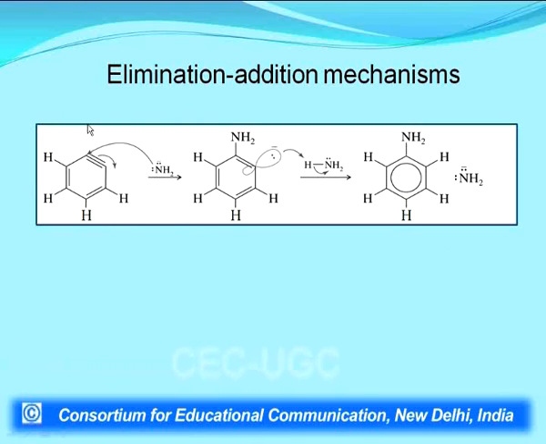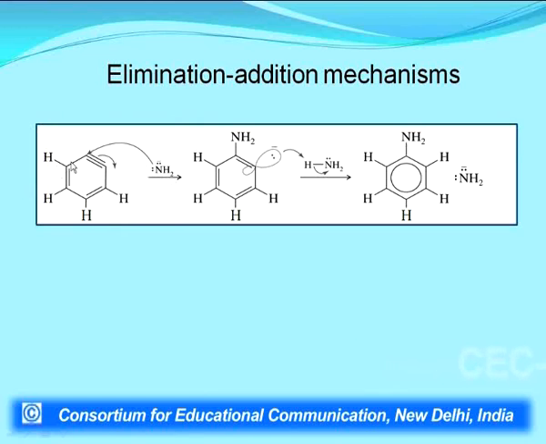But remember, as we discussed in the case of the chloro derivative, half of the product had the amino group at the C14 carbon, and half of the product had the amino group at the other carbon. We can explain here that once this benzyne is formed, the two carbons are identical.